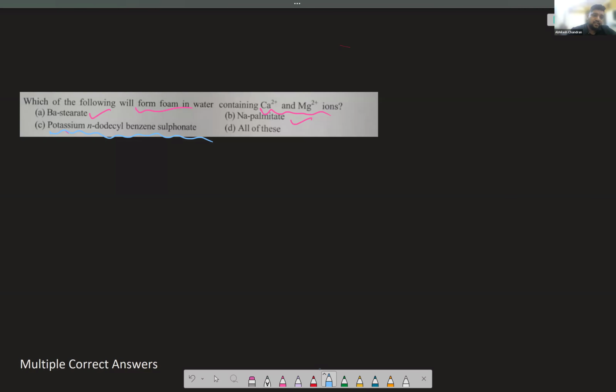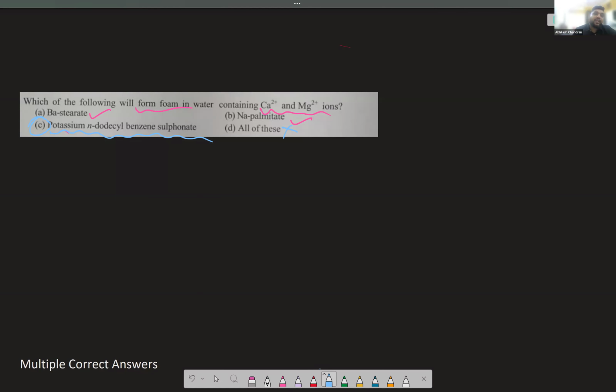So what you're going to see is that the C option is going to form foam. Of course, all of these is not right because soaps won't be forming immediately. I mean, of course, once all the Ca2+ and Mg2+ goes away as scum, gets removed as scum, then of course even they will form. So that is technically an incomplete question.